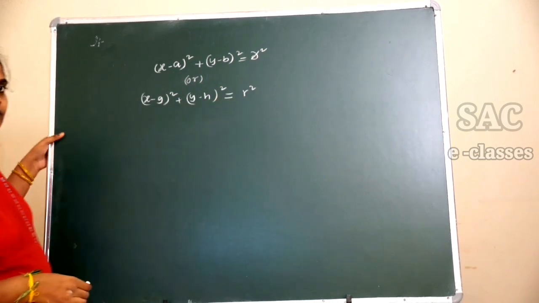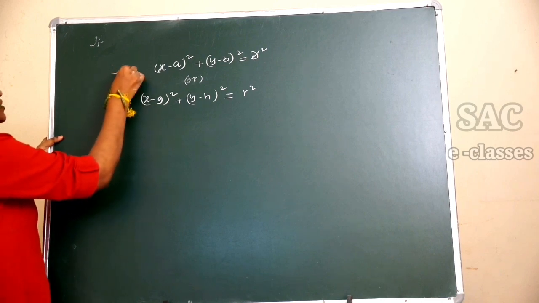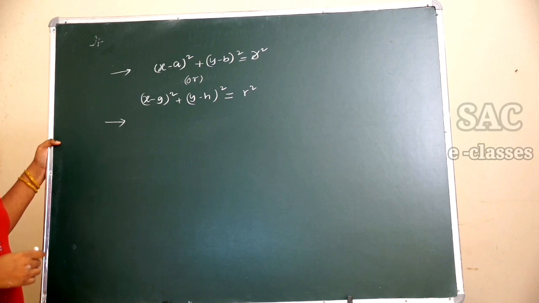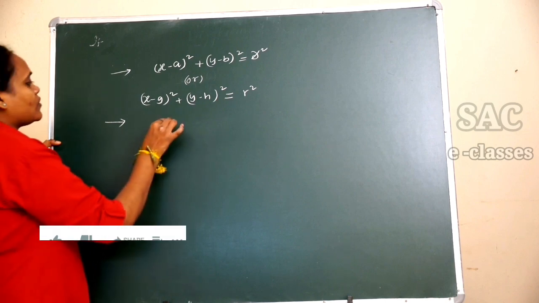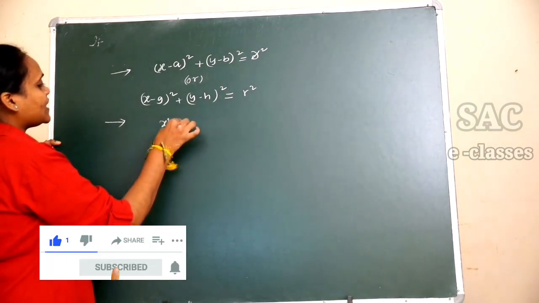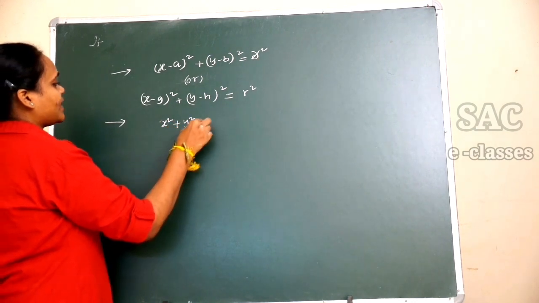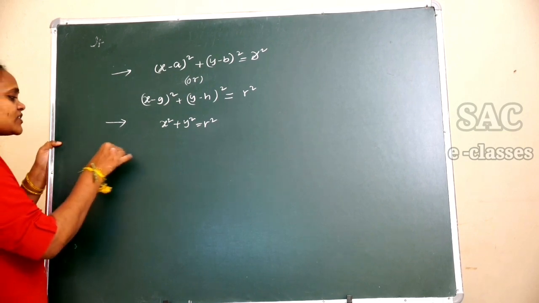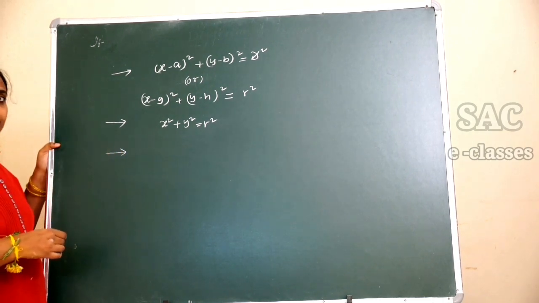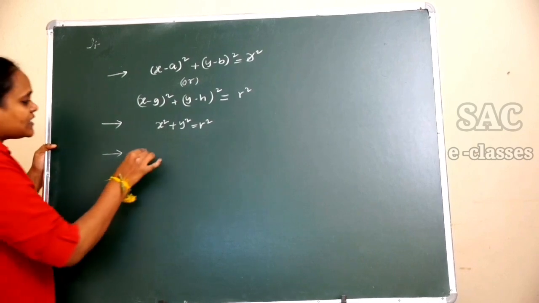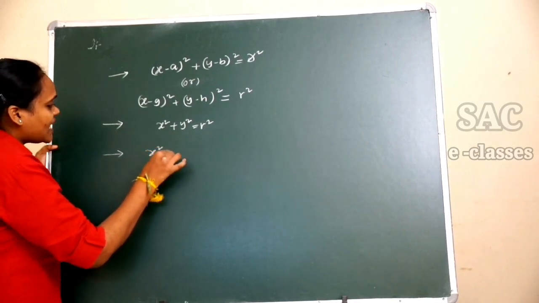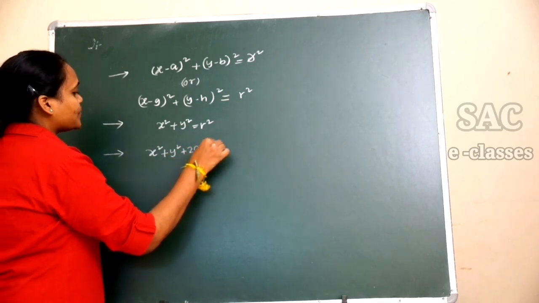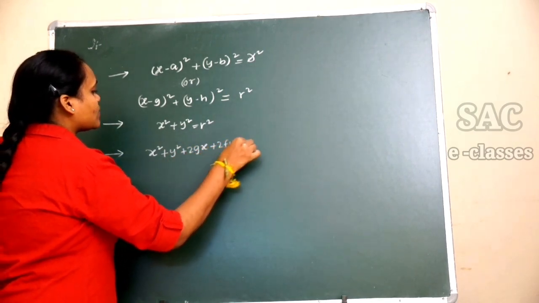Sometimes they will say it is a circle with radius r but the center is at the origin. At that time you should take x square plus y square equal to r square. Sometimes they will say the equation of the circle is passing through the origin. At that time you should take x square plus y square plus 2gx plus 2fy is equal to 0.